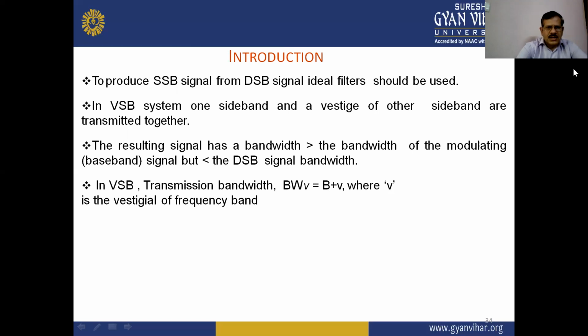So the resulting signal has a bandwidth greater than the bandwidth of the modulating or baseband signal, but less than the double sideband signal bandwidth. So this is the condition for the bandwidth. In VSB, the transmission bandwidth is equal to B plus v, where v is the vestigial frequency band.